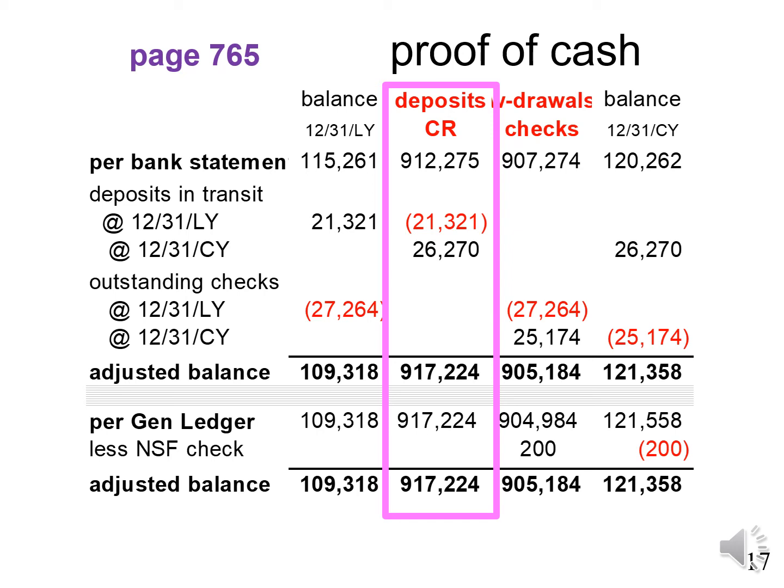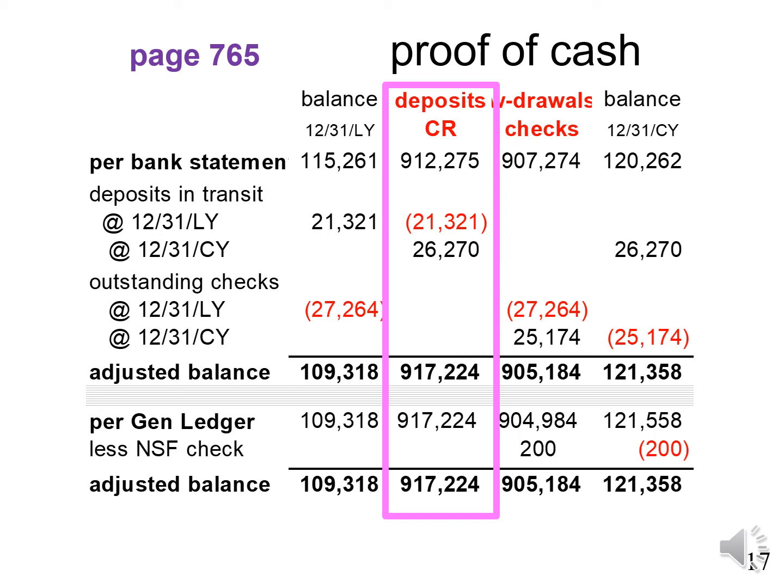Now, last year there were $21,000 in deposits in transit. Those were recorded in the books last year. They didn't clear the bank until January of this year, so we have to subtract those out. Similarly, on December 31st this year, we've got $26,000 in deposits in transit that have not yet cleared the bank.